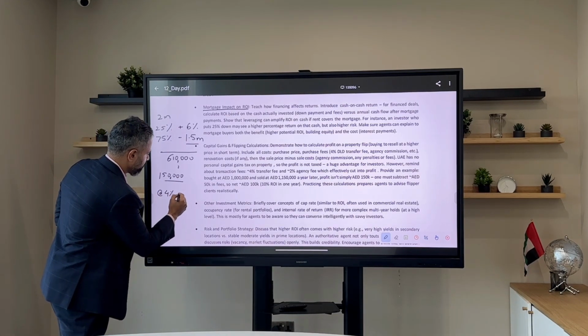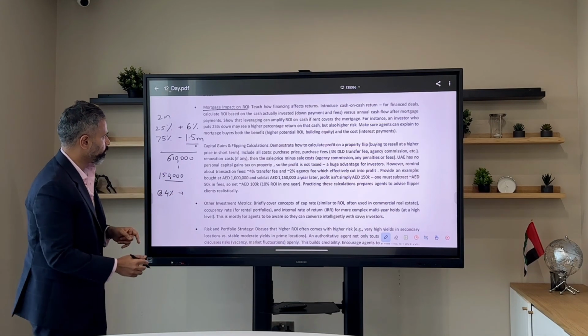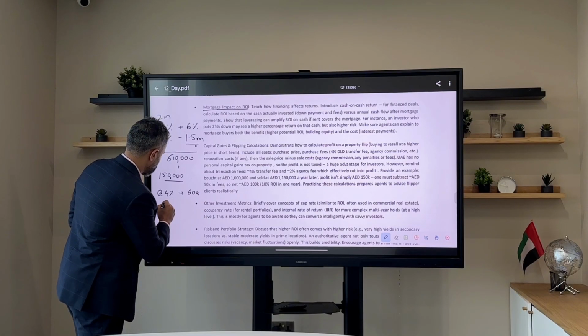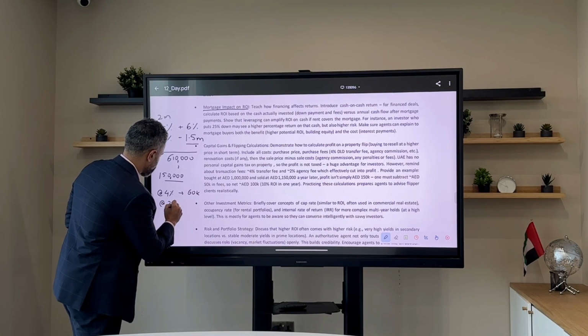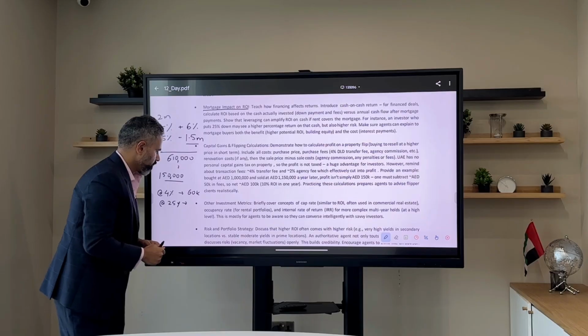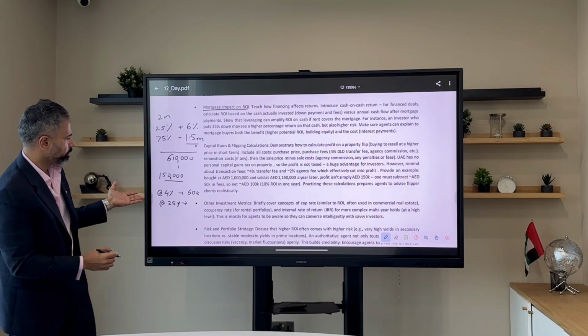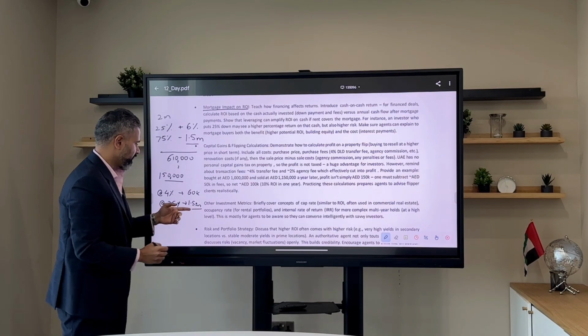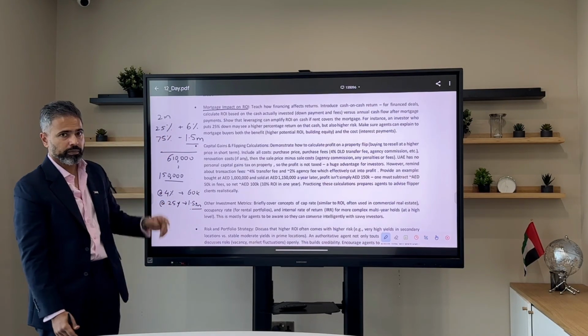Let's say roughly at a 4% interest rate, on 1.5 million you're looking at a yearly payout of about, let's say, 60,000. And let's say you're taking that loan for 25 years. Based on that, you're looking at interest of roughly, again, 1.5 million. That's the interest you're going to be paying on the principal amount of 1.5.